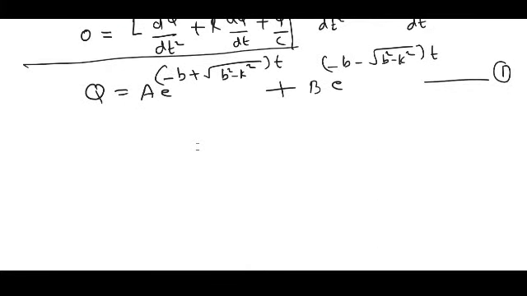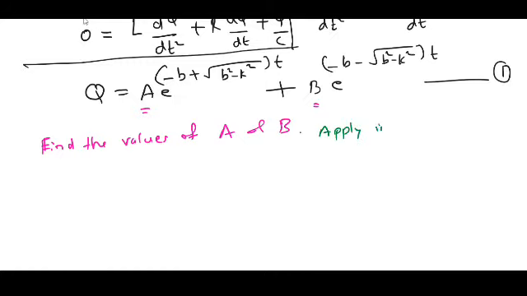Here, the same procedure that we did earlier: find the values of A and B. For this we will substitute the initial conditions.